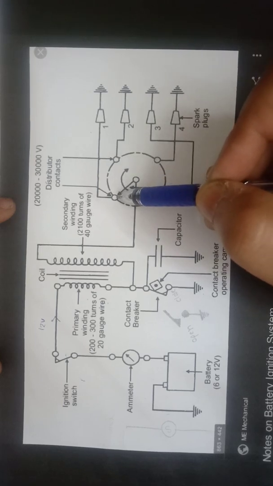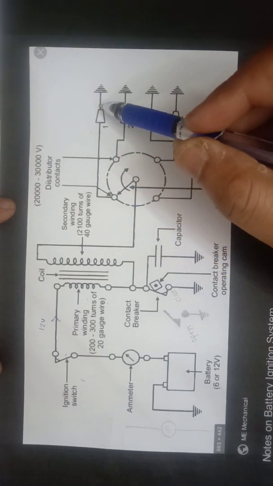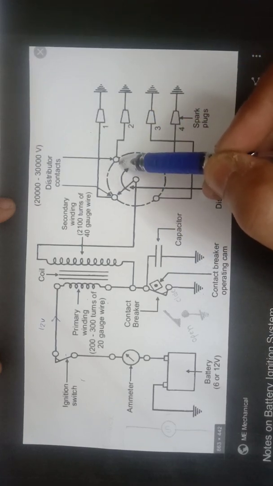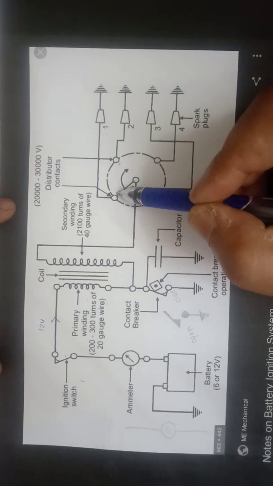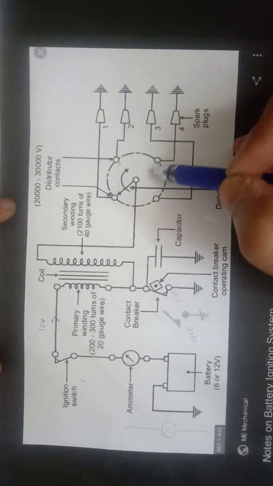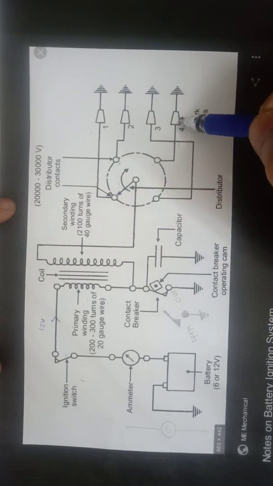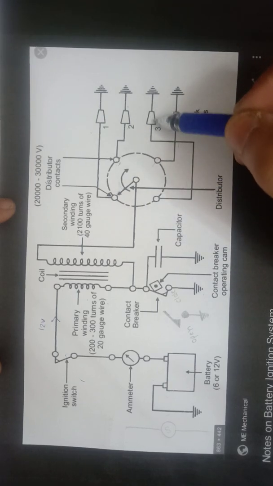This probe will move in front of this electrode, that is electrode number 1, and it will fire spark plug number 1. When this probe goes in front of electrode number 2, a spark is generated in spark plug 2. When this probe goes to electrode number 4, a spark is produced in spark plug 4, and at the same time at electrode number 3, a spark is produced in spark plug 3.